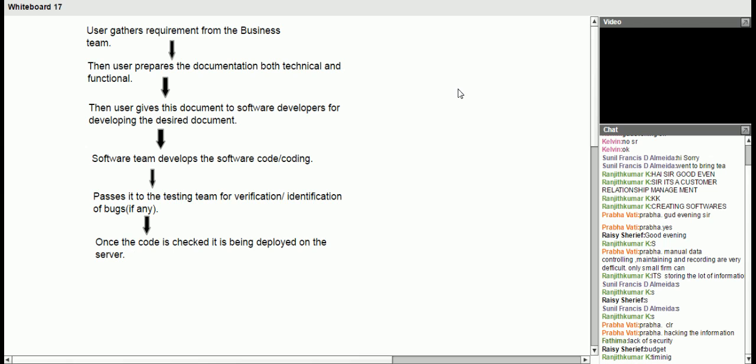When we say deploying on the server, it means on the production server, or you can also say go live. That means the product is ready.